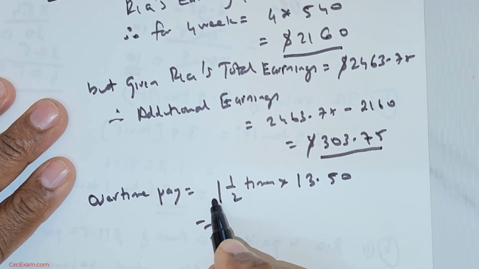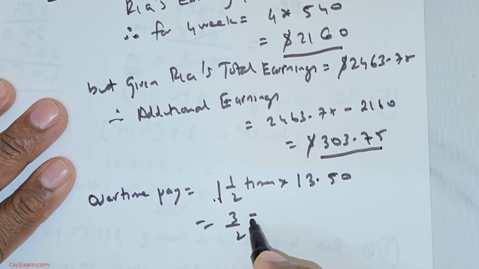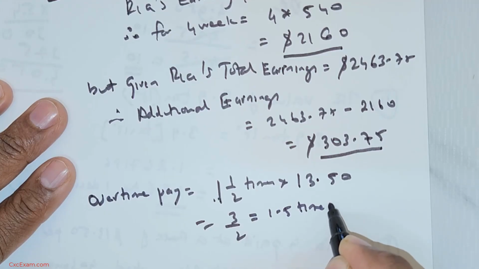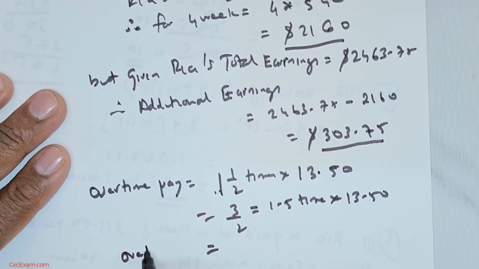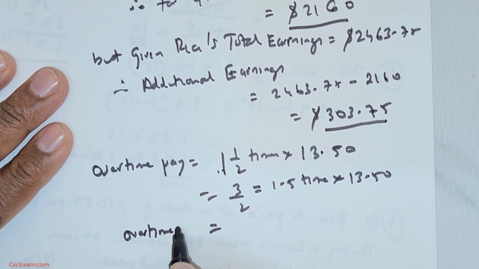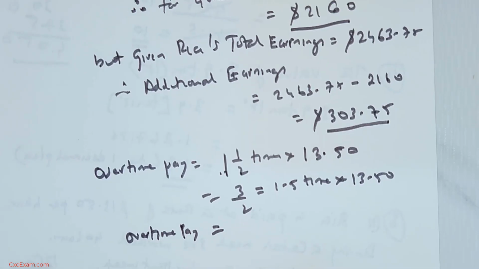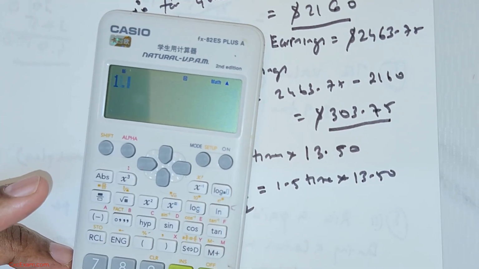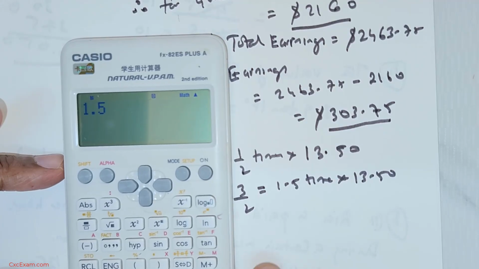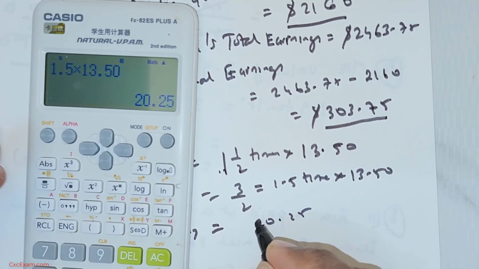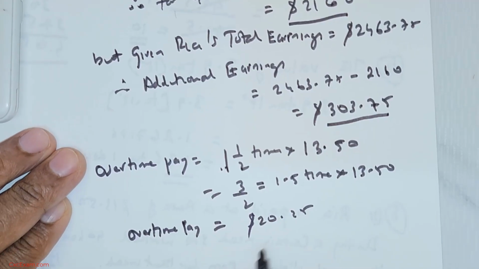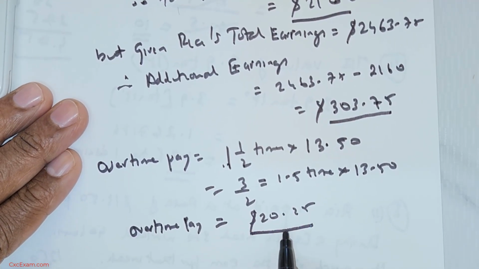So 2 ones are 2 added with 1 is 3 over 2, which is nothing but 1.5 times 13.50. So the overtime pay is going to be 1.5 multiplied with 13.50. So $20.25. So this is going to be the overtime pay.